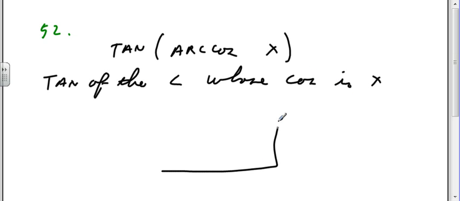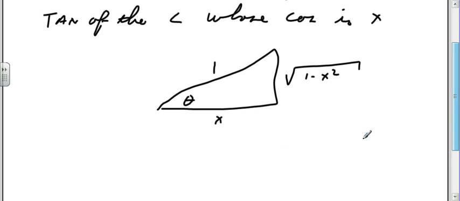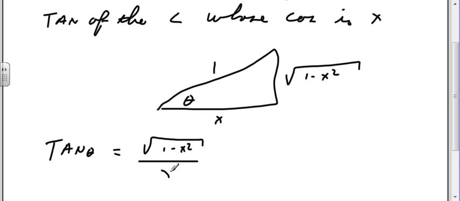So I draw a picture. There's some angle. If the cosine's x, then the adjacent side can be x and the hypotenuse can be 1. If that's the case, then this side is the square root of 1 minus x squared. And then the tangent of that angle is the opposite, the square root of 1 minus x squared, divided by x, the adjacent.